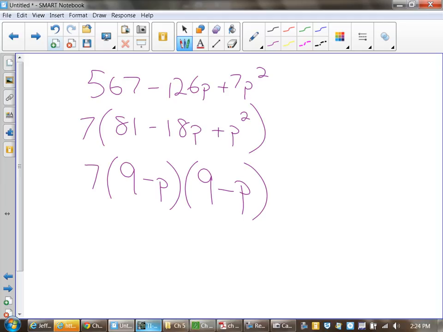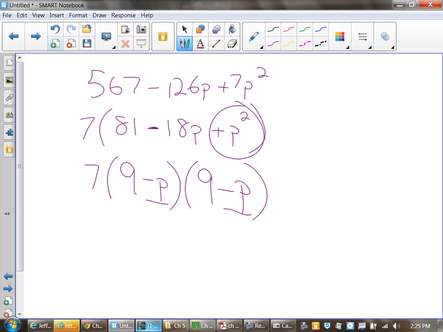Why is it, since it's backwards, that you're doing 9 minus p when we're working with negative 9? Because I still have to wind up with a positive p squared, and have these two add up to equal the negative in the middle. They have to be the same sign, they're both negatives.